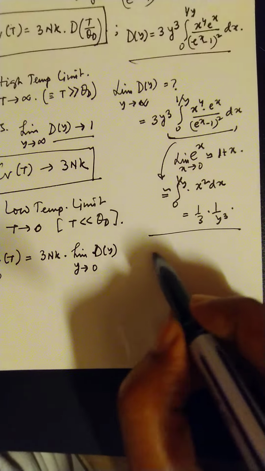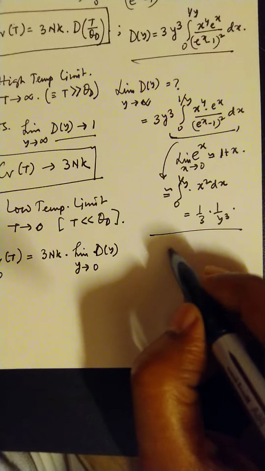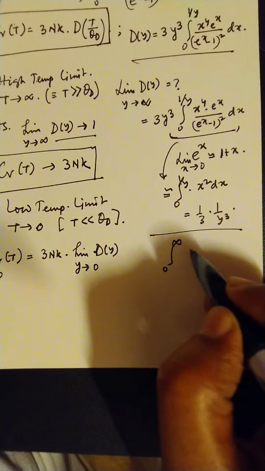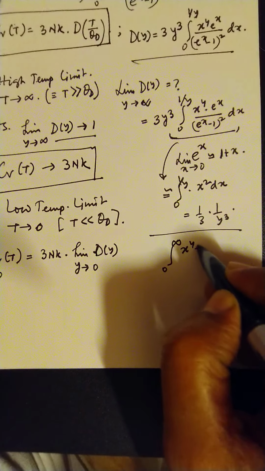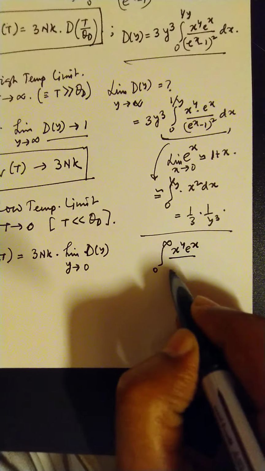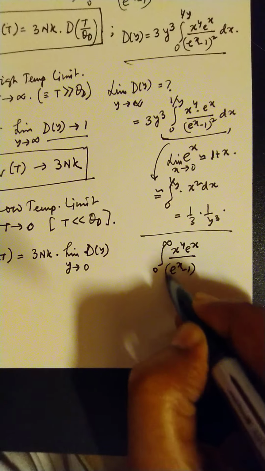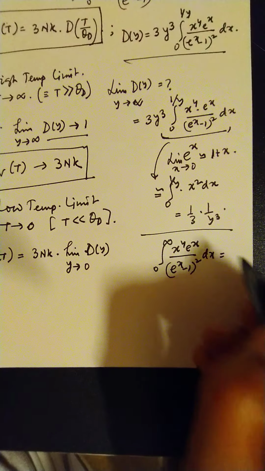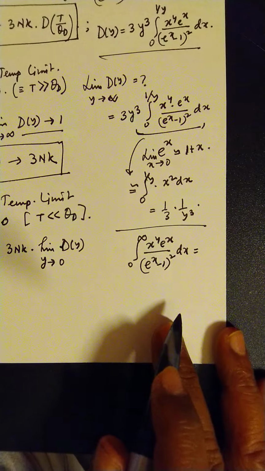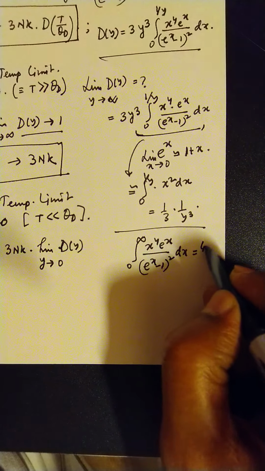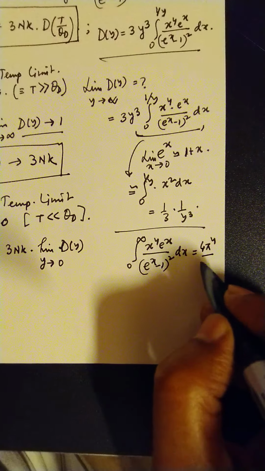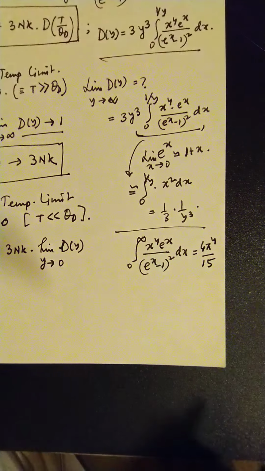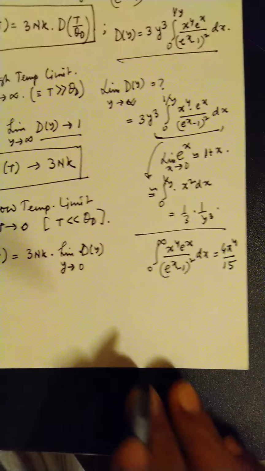So essentially what we have to find out is the integral from 0 to infinity of x to the power 4 e to the power x divided by (e to the power x minus 1) whole squared dx, and this turns out to be a standard integral, and its value is 4 pi to the power 4 by 15. So this is a known constant value result.